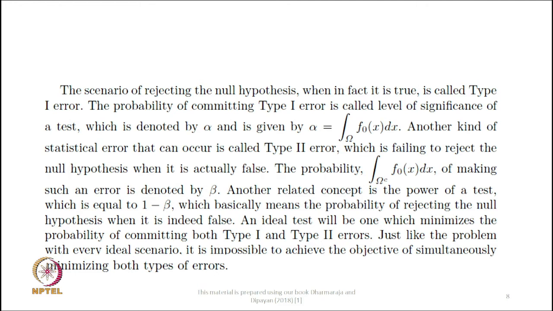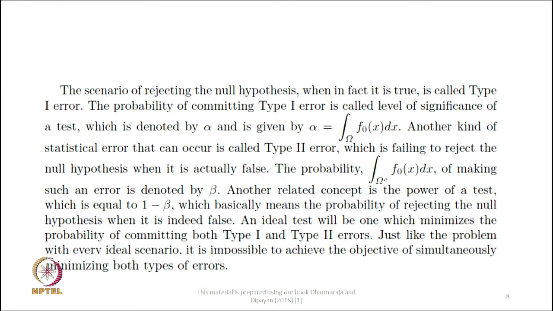The next two very important things which we want to study are called errors. One is called the type 1 error, the other one is called the type 2 error. How can the error happen? Basically there are four possibilities, based on what the statement says and what the realization is.